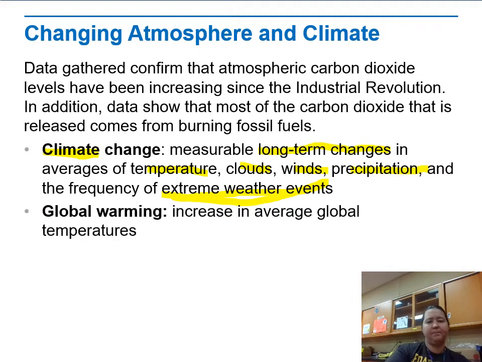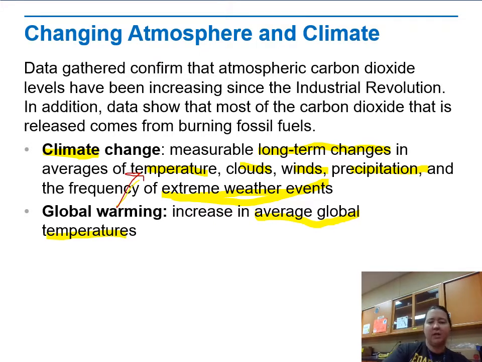Now, global warming, okay, this is where we're actually talking about the average increase in global temperatures. So this is a piece of climate change, okay? Global warming is a piece of climate change because we're talking about the temperature.